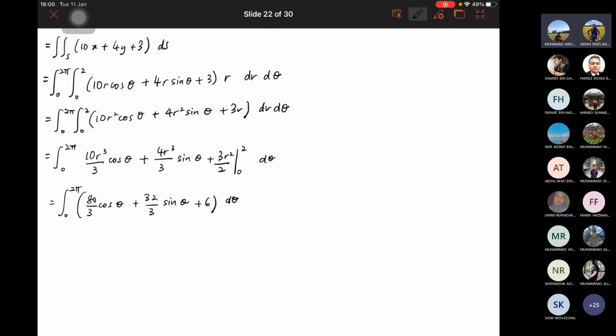So solving for this one, you are going to have 80 per 3 sin theta minus 32 per 3 cos theta plus 6 theta, 0 to 2 pi. So dapat jawapan dia 12 pi.